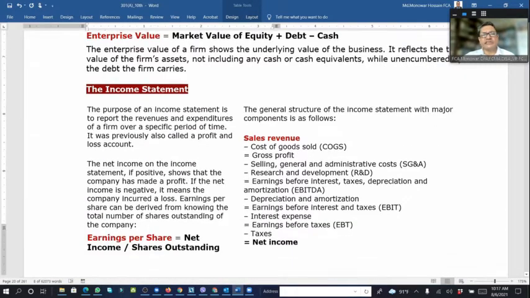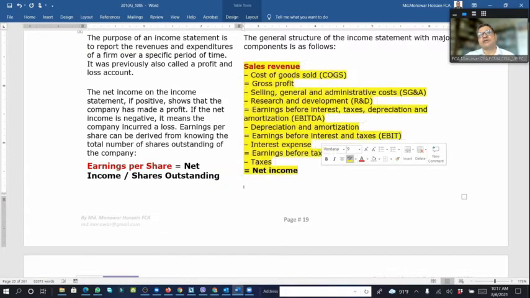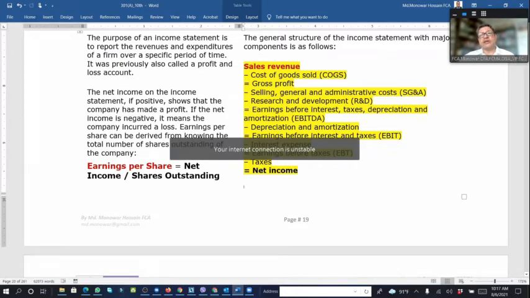So how does the income statement come? This is the logical order. Here is sales revenue; if we subtract cost of goods sold from revenue, we get gross profit. From gross profit, if we subtract selling, general and administrative costs, and also research and development costs, we get earnings before interest, tax, depreciation and amortization.